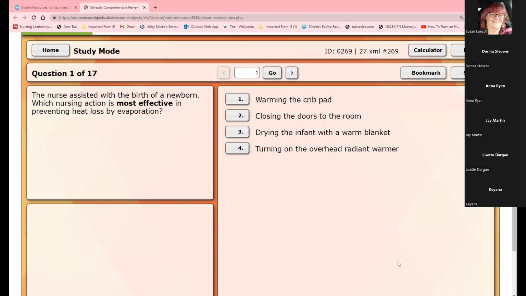Okay. What else? What other ways could the baby lose heat during this process? Would it be evaporation if they lost heat that way? Or would it be something else? What is conduction? When they're placed on a colder surface.